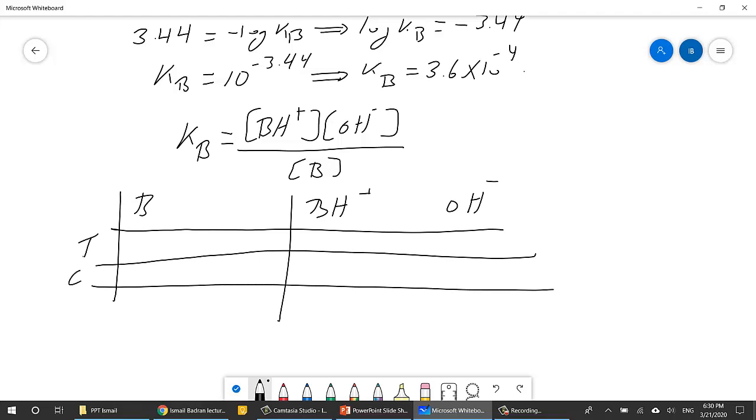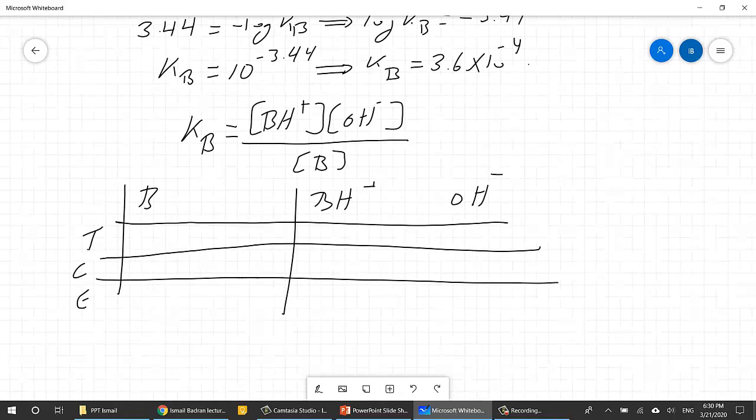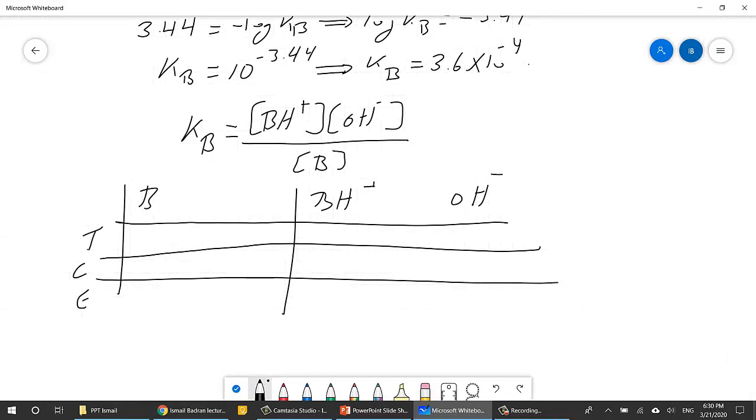The initial concentration was 0.2, so you have 0.2 here, 0 at the beginning, 0 at the end. This is minus x and plus x, plus x. We are lucky here, this is every 1 to 1 to 1. You might have a problem where you have, let's say, 2 OH minus, and then this is plus 2x and so forth. You can practice this later on. But this is 0.2 minus x, and this is x, and this is x.